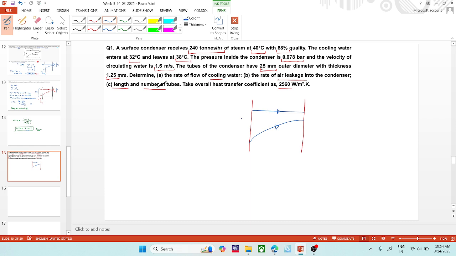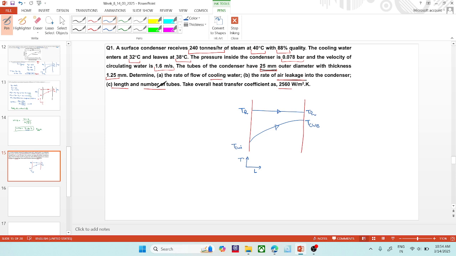So the steam is condensing at temperature TH. This is the inlet temperature of cooling water, I will denote it CWI, and this is the exit temperature of the cooling water, I will denote it cooling water exit, CWE. And these axes are obviously denoting the temperature and length of the tube of the heat exchanger.